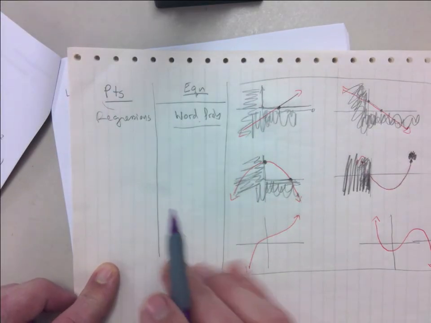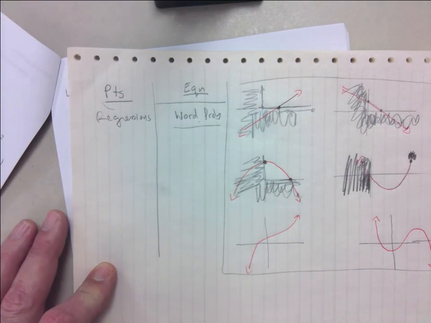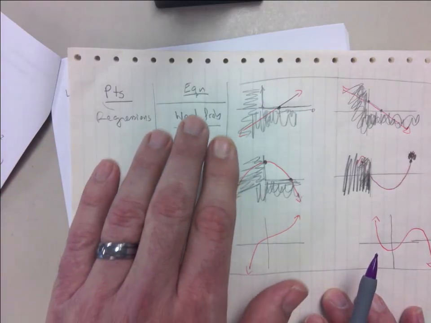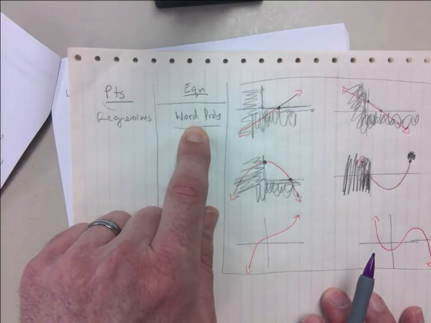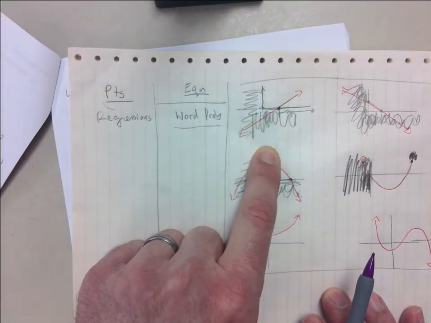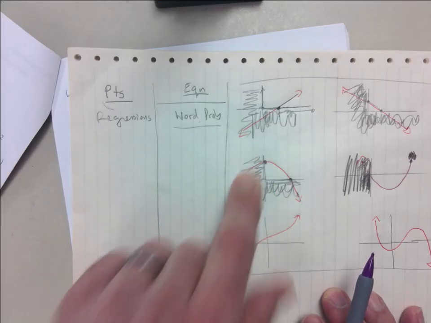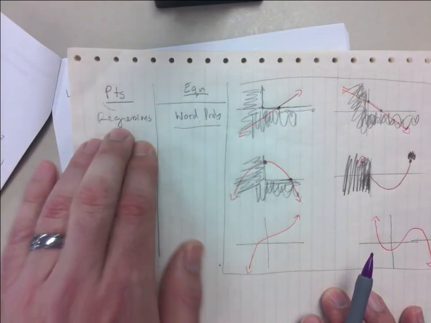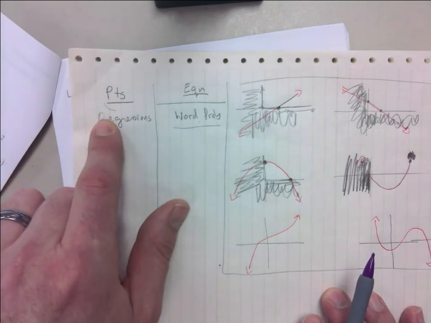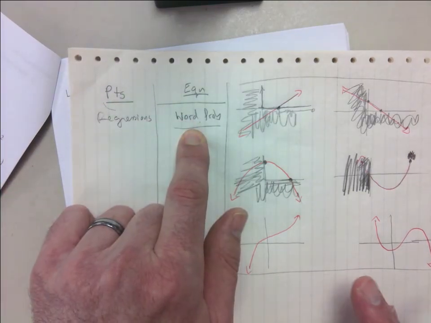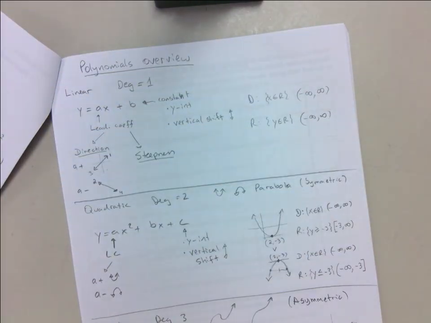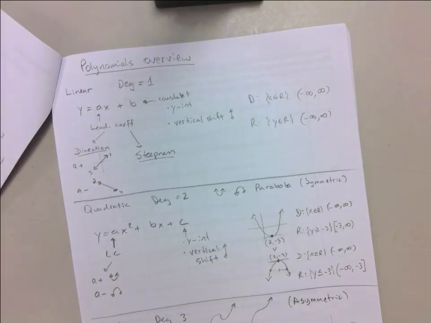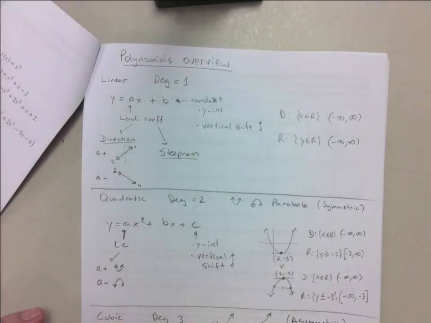For the rest of this unit, we're going from the equation: is there a word problem associated with it, and how does it restrict our graph? Then we're going to go back to points, and with those points, we come up with our equation. That's what we're going to spend time on in the next couple of days. So on 22, you have a review.